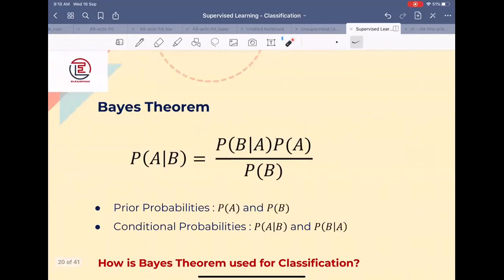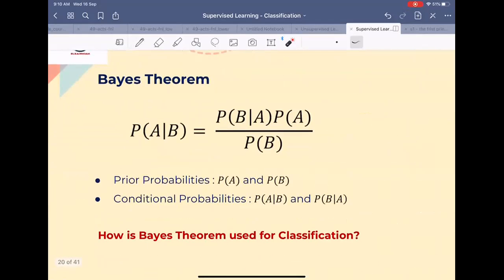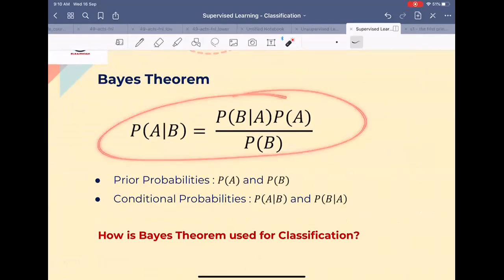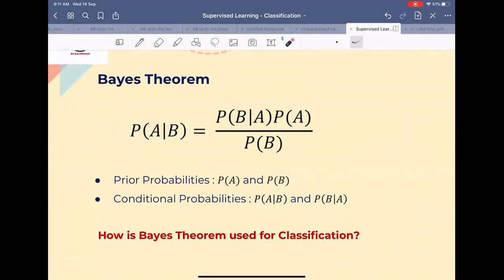Let us go deeper and see what Bayes theorem is. Bayes theorem is basically this formula. Within this formula, you see multiple terms. First, I will read this formula, telling you how to read something like this, and then we'll look at the different terms that make this formula.